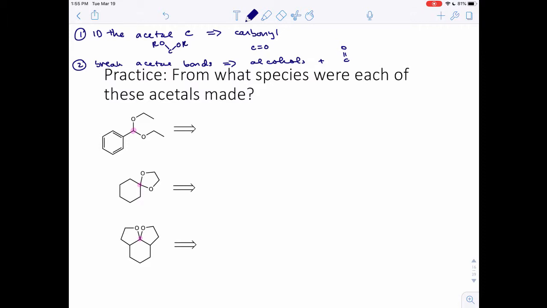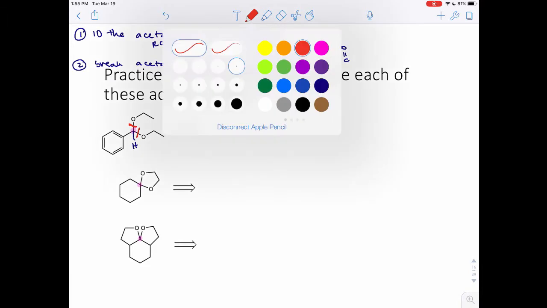So I'll do the easy one. Or the easier one. None of it's easy. So I'm going to go ahead and show you what I mean. We're going to break the bonds between oxygen and the carbonyl carbon. These are going to become alcohols. And then the pink and now starred carbon, that was a carbonyl. If you want to try, go ahead and pause it and try.